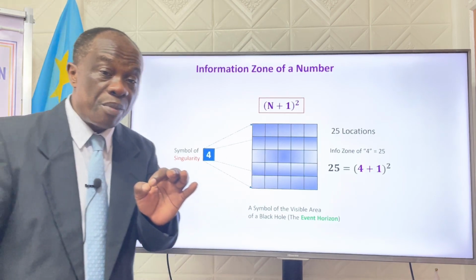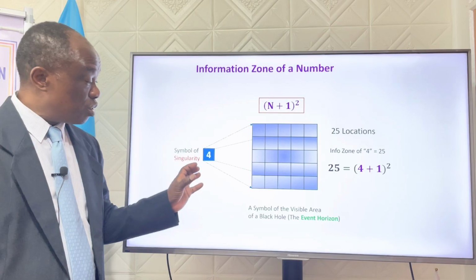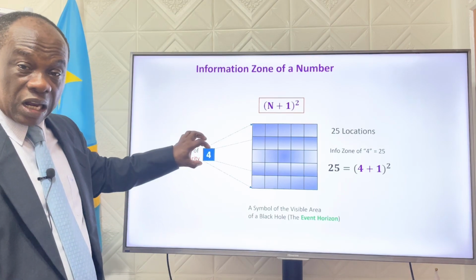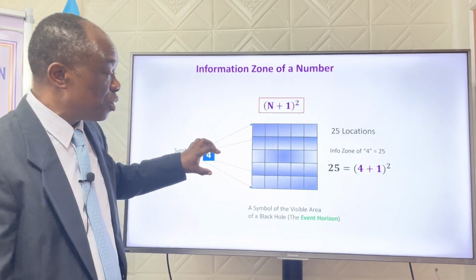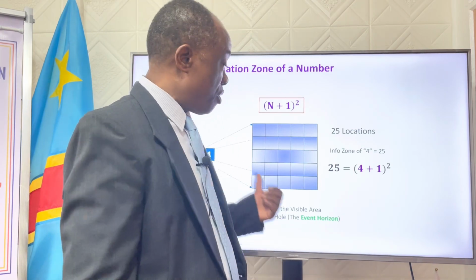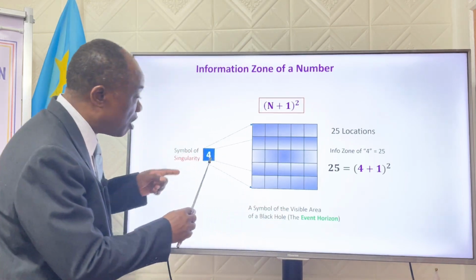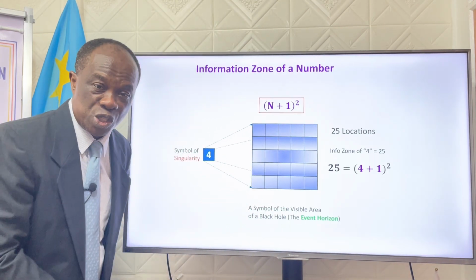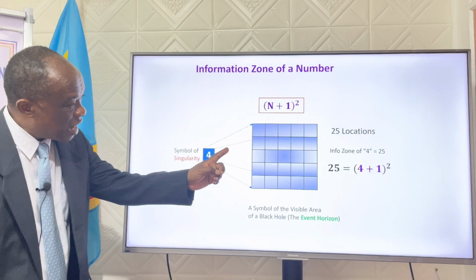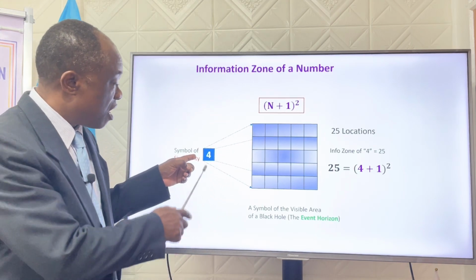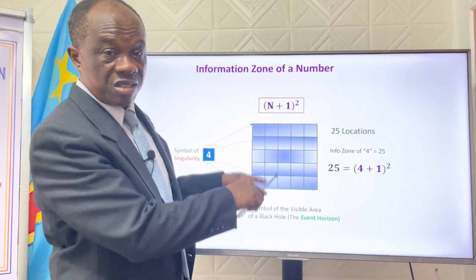Because every number has a singularity, and that singularity is a bigger number. So 4 needs to take a value which is very big in order to be there, and that value is what we call the singularity of number 4. So it is not exactly 4 which will occupy this. It is impossible. 4 is helping us only to know how the singularity can occupy all this.